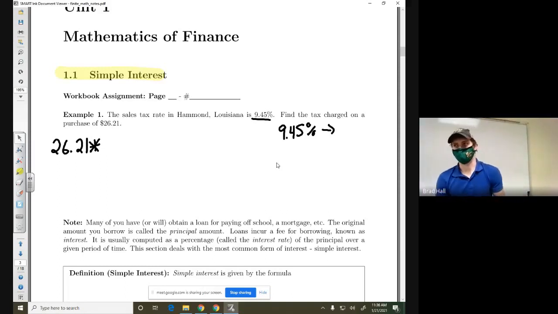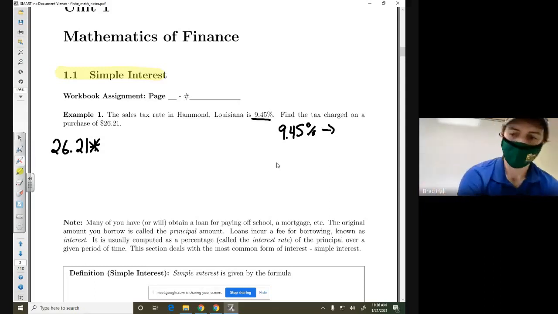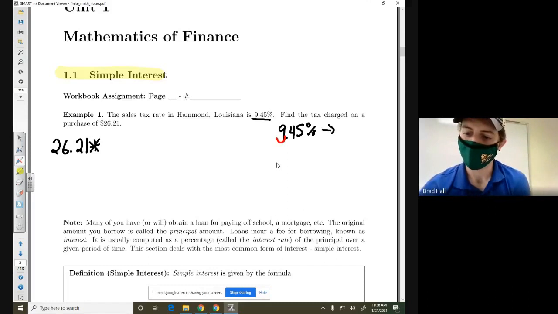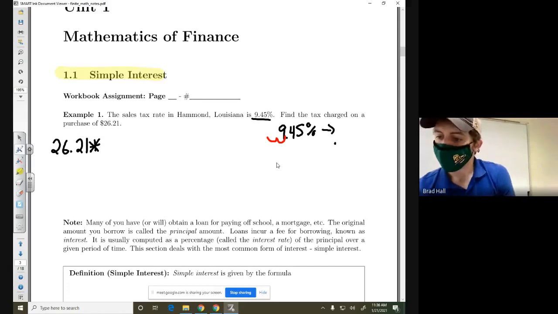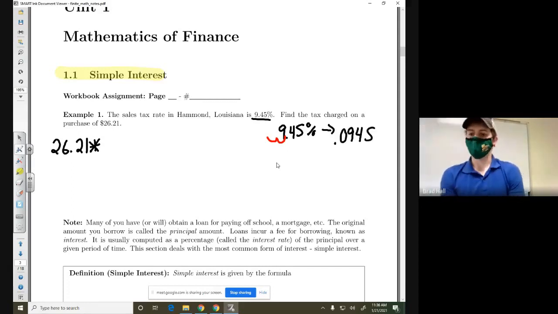Wouldn't that make it a decimal value? You move the decimal to the left 2 times. Or in other words, you divide the quantity by 100. And then that's the number you want to use.